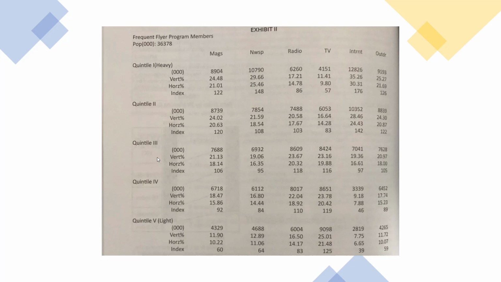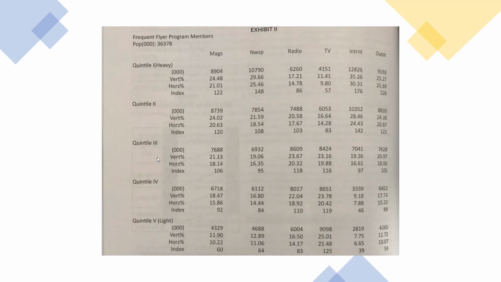Now in this case, vertical is the type of media that users use: magazine, newspaper, radio, television, internet, outdoor. And then we divide the population, which is frequent flyers, by TV viewers, and look at each quantile.